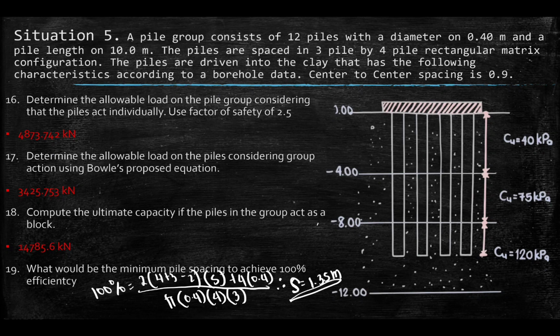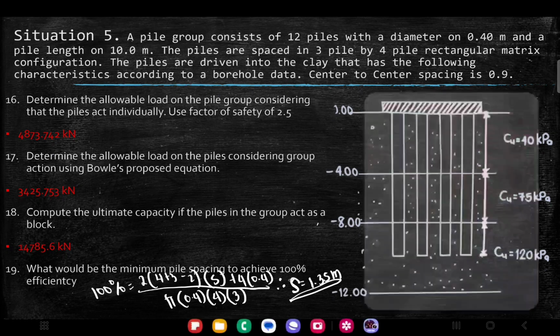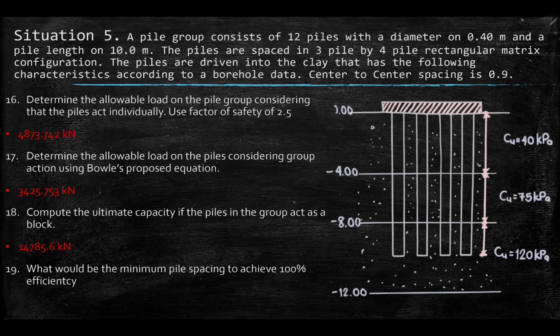But in actuality, in construction, what is usually used is a spacing of 3 meters. Okay? So, I hope that for today's lecture you learned something, and hasta la vista, baby.